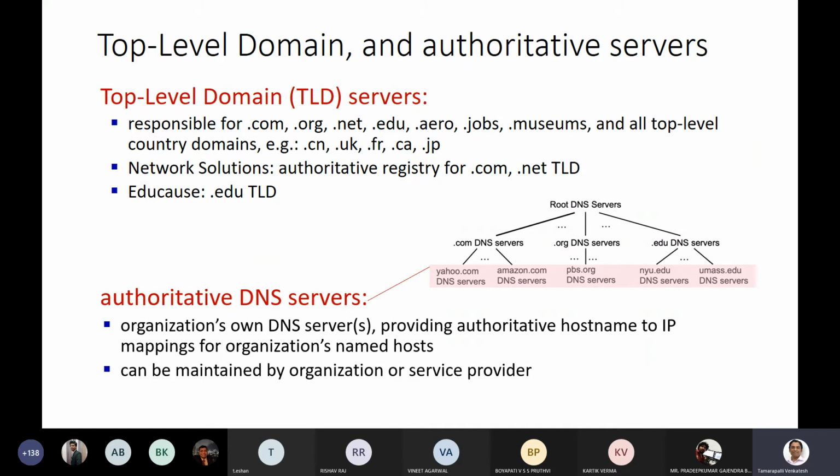Then you will have the last level. If there is no secondary level TLD, then you will go to the authoritative DNS servers, which are the organizations' own DNS servers, responsible for maintaining all the name mappings. For example, the IITG authoritative DNS server would maintain the mapping for the mail server of IITG as well as the web server of IITG, and maybe any other host name which needs to be visible from outside.